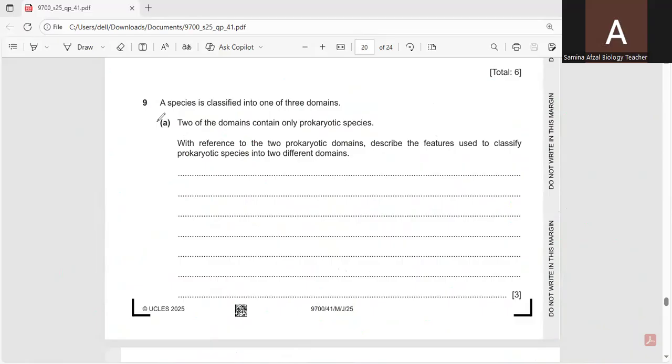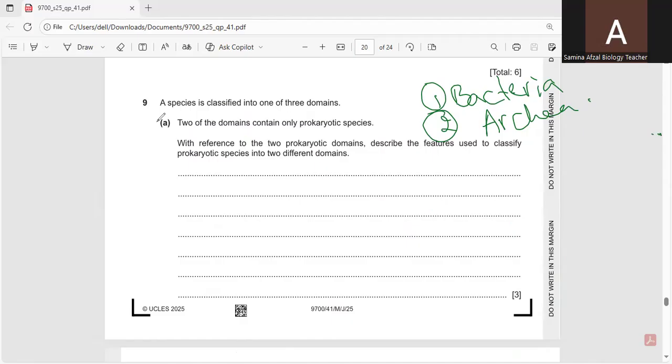The two prokaryotic domains, I would like to write their names, are bacteria and the second one is archaea. So these are the two domains.